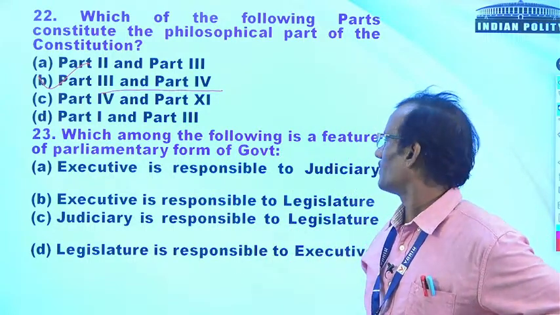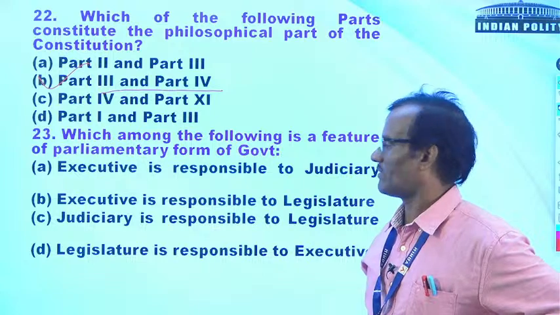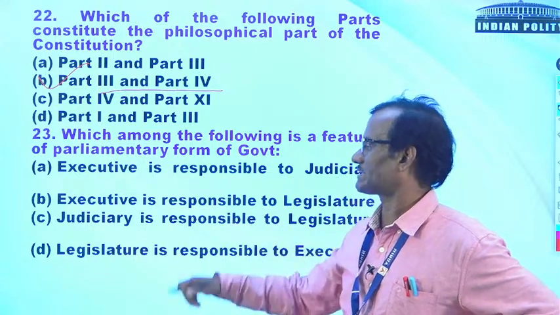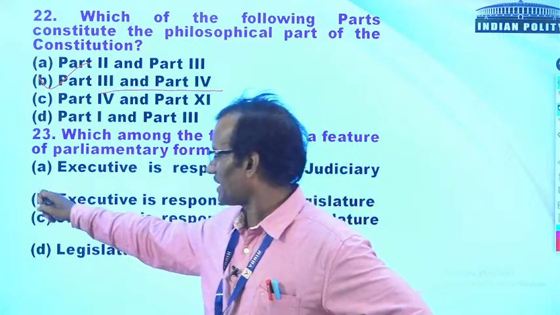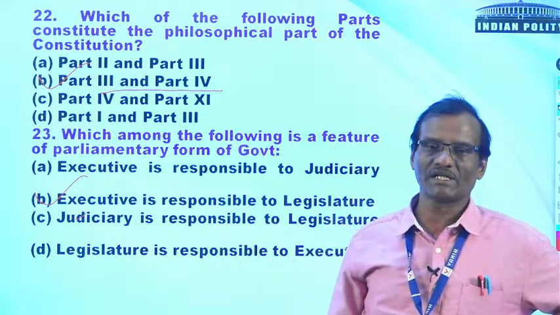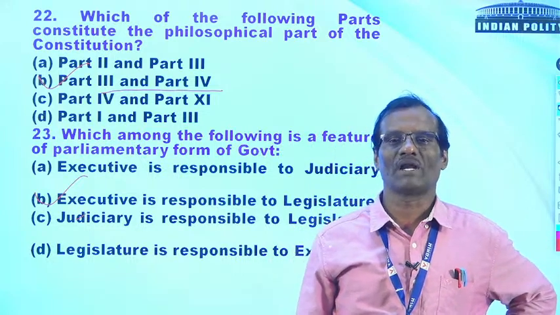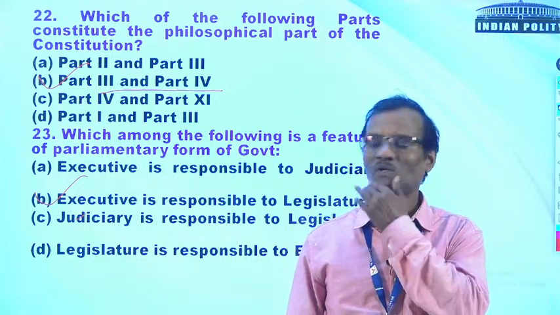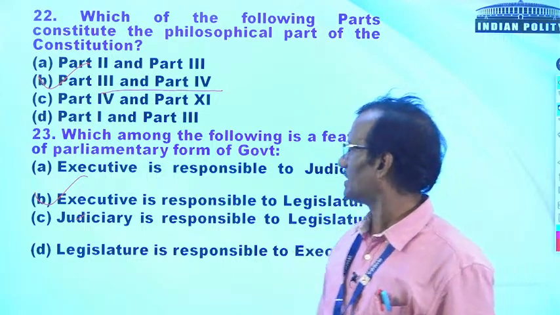Which among the following is a feature of parliamentary form of government? Executive is responsible to legislature. Executive will survive until they have majority in the parliament. That is called executive is responsible to legislature. So the answer is B.